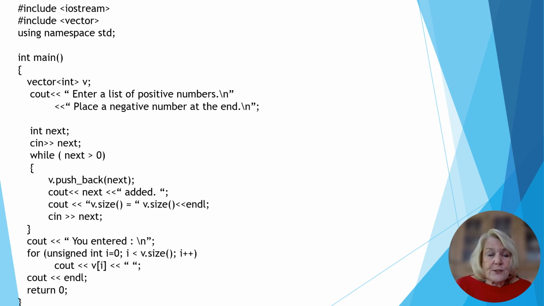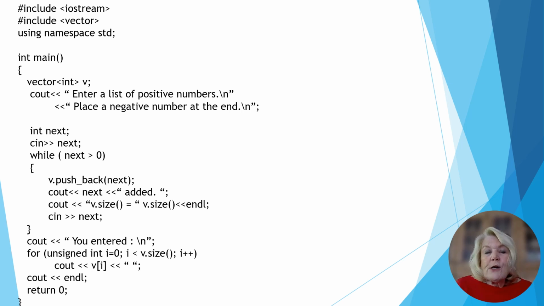Then we read in the next number that they've entered. It'll continue until next is a negative number. When you finish the loop, it will say you entered, and then it goes through the vector and will output each element in the vector. Remember, our subscripted values always start with 0, so that's why we have int i is assigned to 0 for the beginning of the for loop.